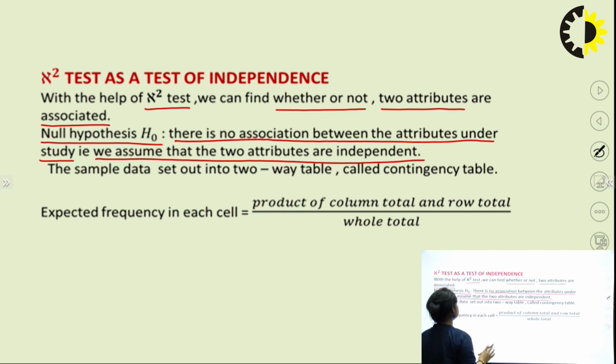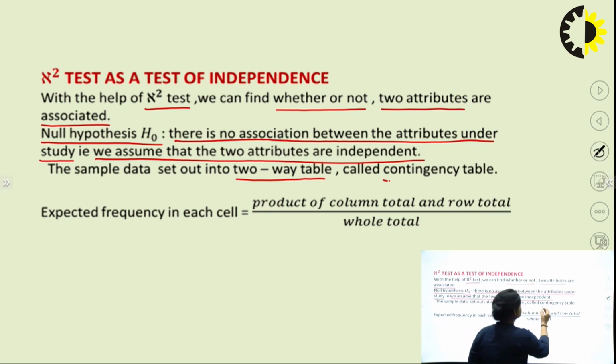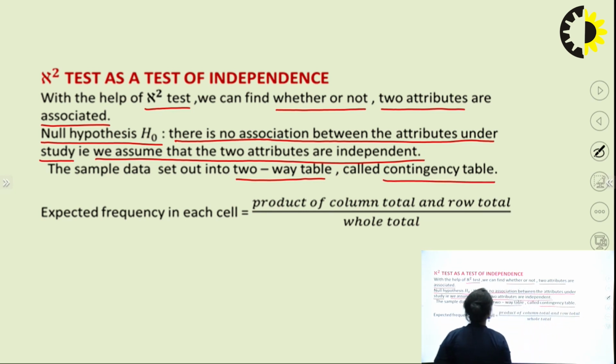Always when we consider H0, we will consider that the attributes which are given are independent. It depends on the question whether the data set is giving us the attributes as dependent or independent. The sample data set out into a two-way table called a contingency table is being studied in this particular topic today.